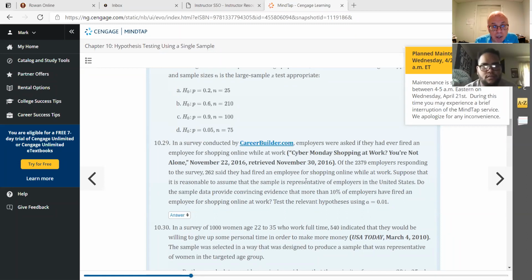It says in a survey conducted by careerbuilder.com, employers were asked if they had ever fired an employee for shopping online while at work. Of the 2,379 employers responding to the survey, 262 said they had fired an employee for shopping online while at work. Suppose that it is reasonable to assume that the sample is representative of employers in the United States.